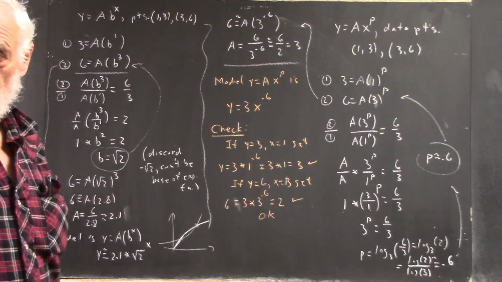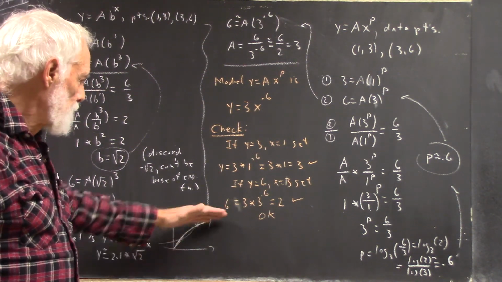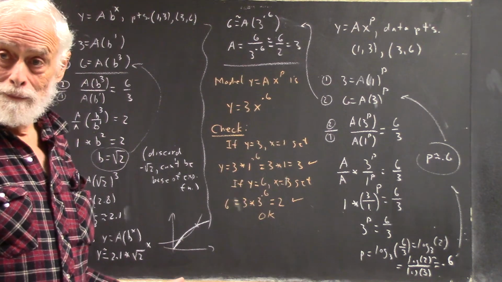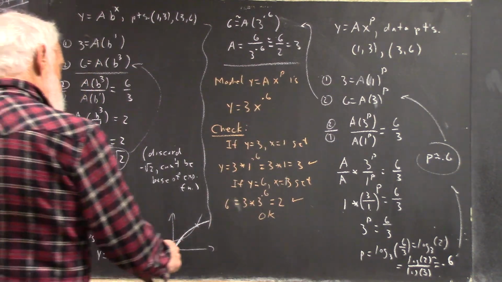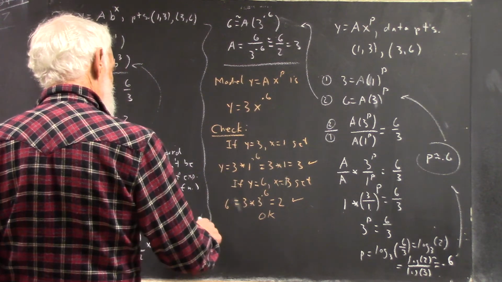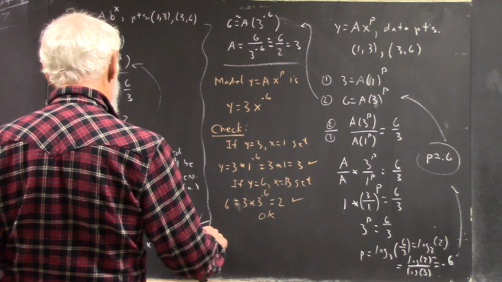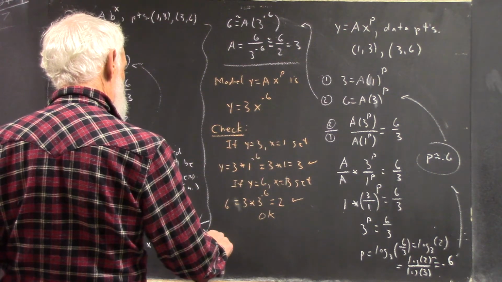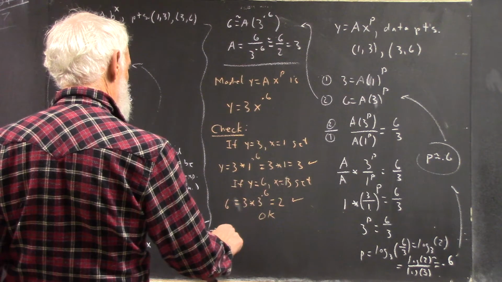Again, we'll talk about how to graph them, but you see that this looks something like your square root function, the inverse of your x squared function. So this is like your, again, it's not very well drawn, y equals 3x to the 0.6.